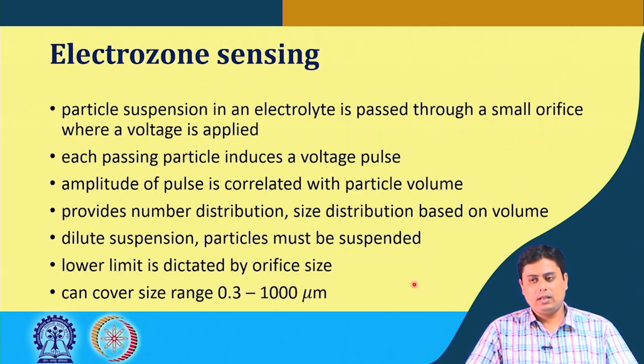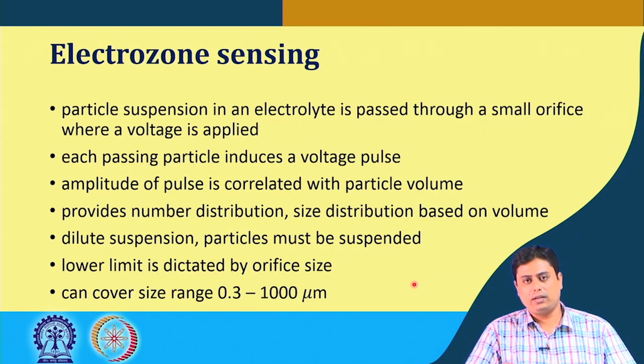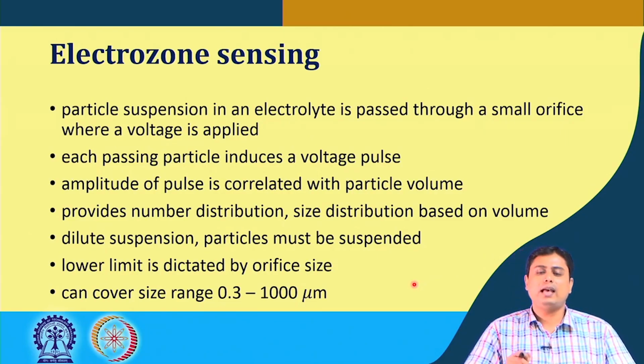When there is electrolyte and a constant supply of voltage, the electrolyte imparts some resistance. Now, when a particle passes through that orifice during the withdrawal of the suspension, the particle displaces some electrolyte to go through that orifice, and since electrical voltage is applied across that orifice, it creates a voltage pulse.